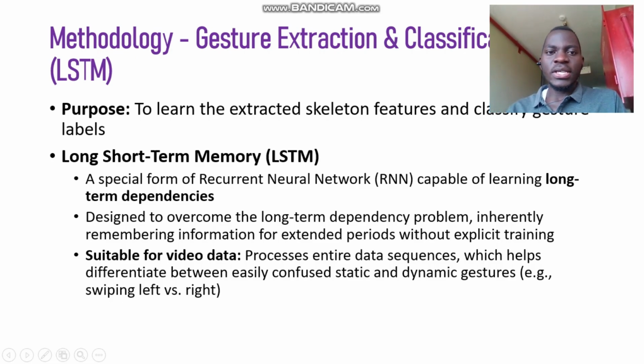Another part of the methodology is gesture extraction and classification. Basically they were using the LSTM, and the purpose was to learn the extracted skeleton features and classify gesture labels.